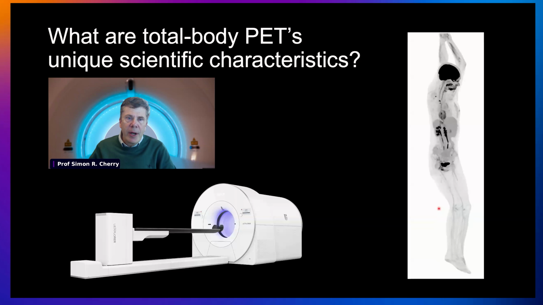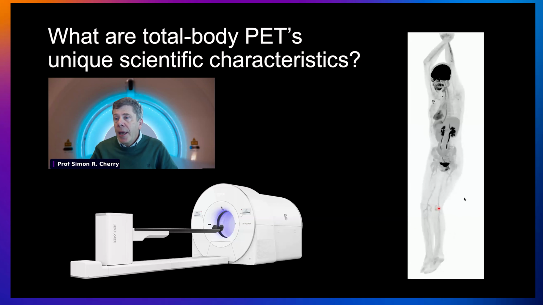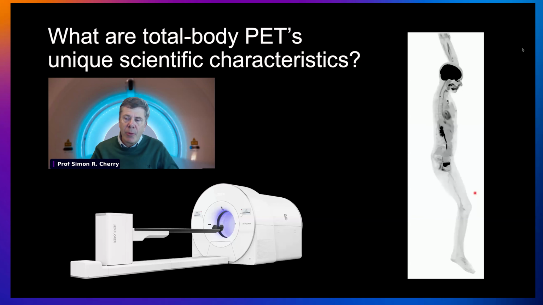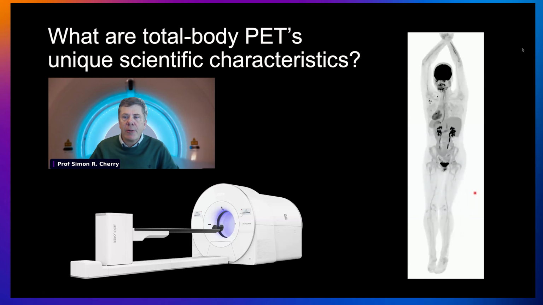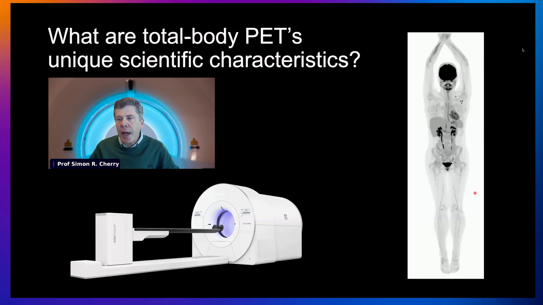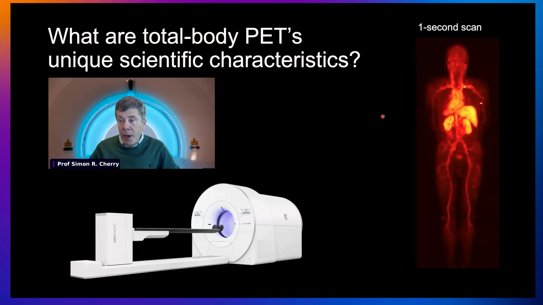But I want to spend the last few minutes talking about research, because here we really do have a complete game changer, because we have some unique characteristics here of total body PET. So on the right is our standard clinical scan, 7 minutes long. But we can also scan much more quickly, as I mentioned.